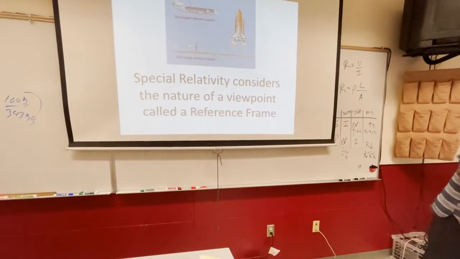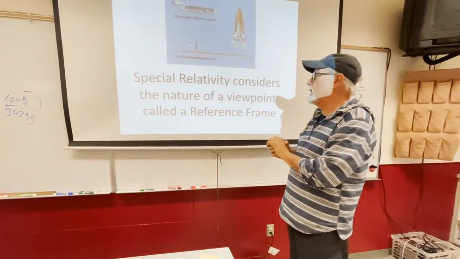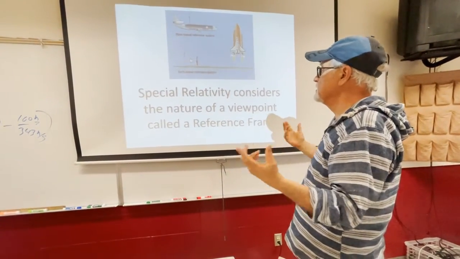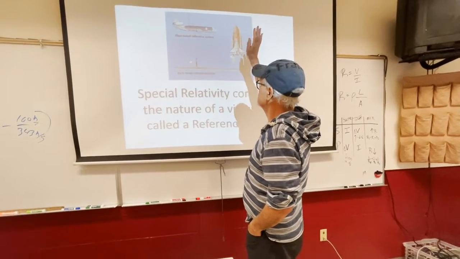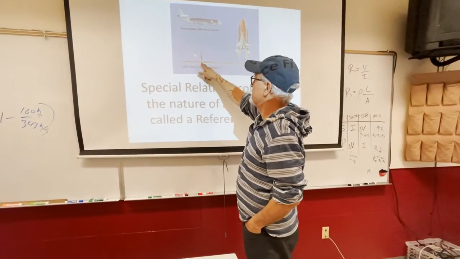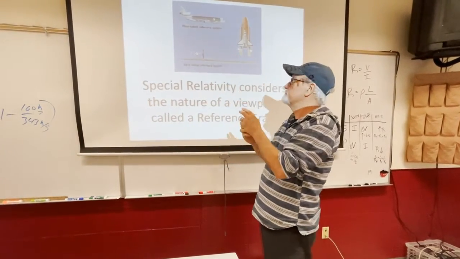Okay, special relativity considers the nature of a viewpoint called a reference frame. So you're observing the shuttle take off, and the person standing on the ground sees one thing.